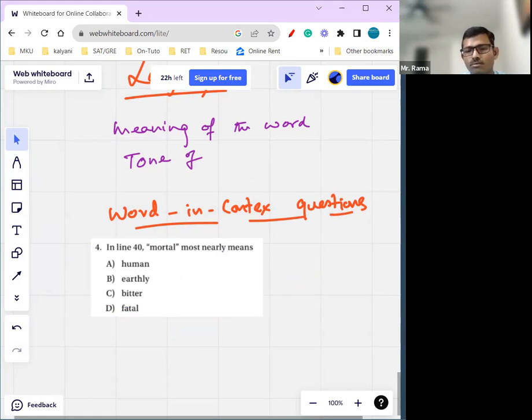Okay, so when it comes to word and context questions like that, these are verbal inferences.